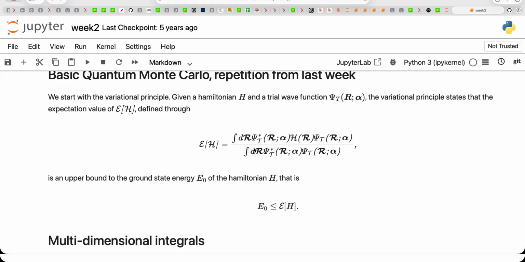The first part of the course deals with a Monte Carlo evaluation, a stochastic evaluation of this integral. So you could say that from an overarching point of view, this is what we are doing. We are calculating a multidimensional integral with stochastic methods. This means that we have to be able to estimate the errors.